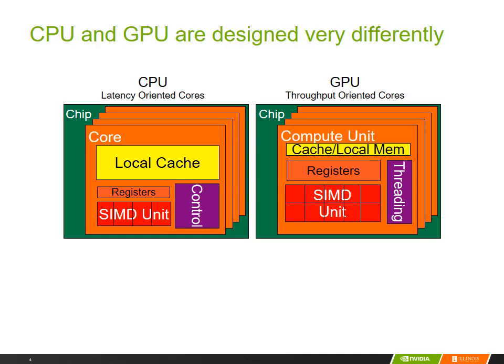We see that the CPU cores tend to have a much bigger amount of cache memory. The second difference is that GPUs tend to have a bigger amount of registers and SIMD units compared to the CPUs. And the third difference is that we see a very substantial amount of control logic on the CPUs, whereas on the GPUs we tend to see more threading management logic.